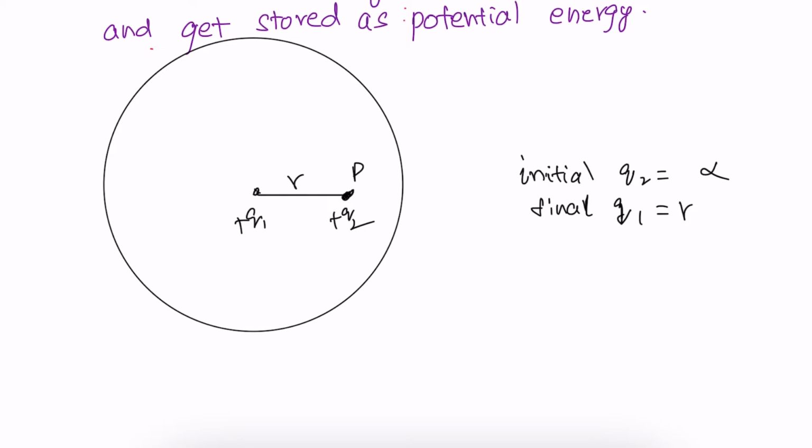So we give additional work to the system, because the electrostatic force is along this direction, but Q2 is moving in the opposite direction. When it moves in the opposite direction, definitely we give some work.